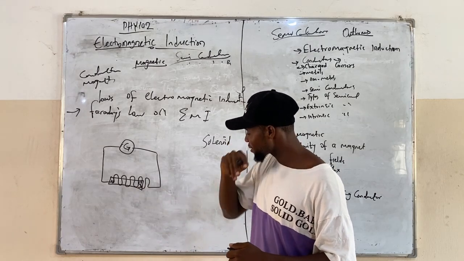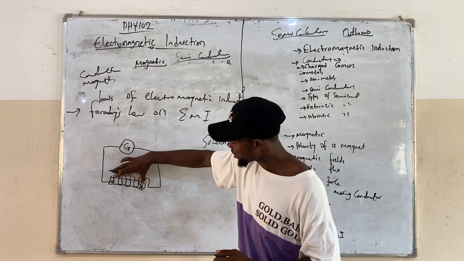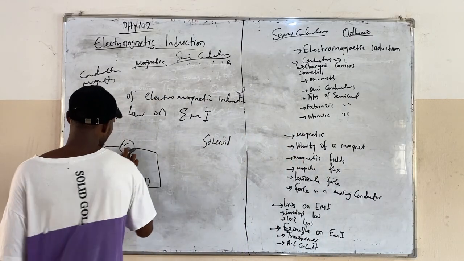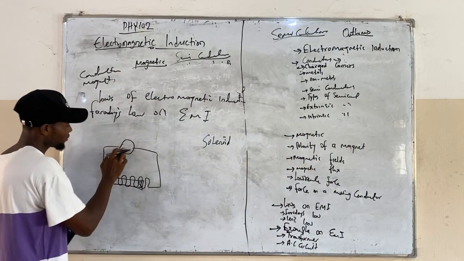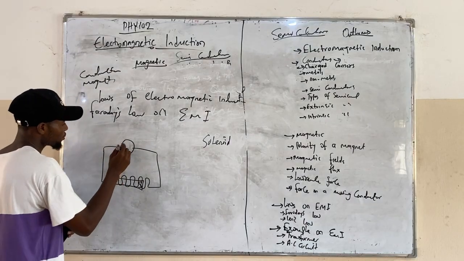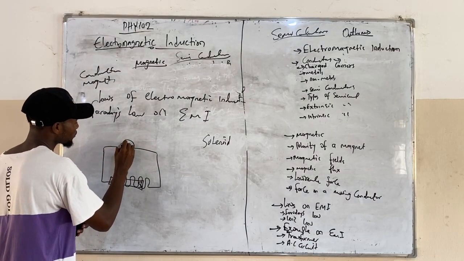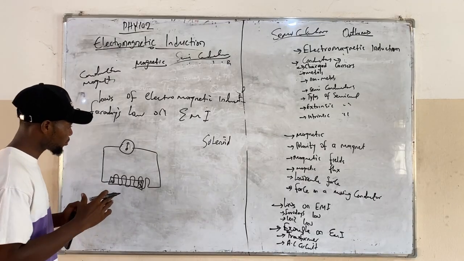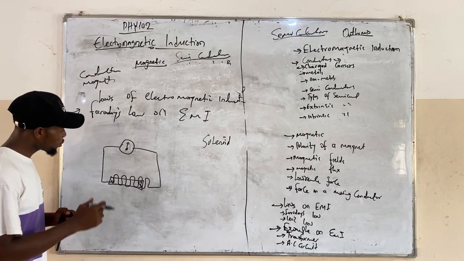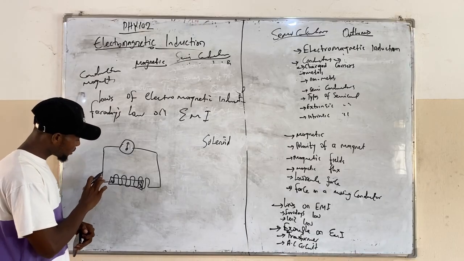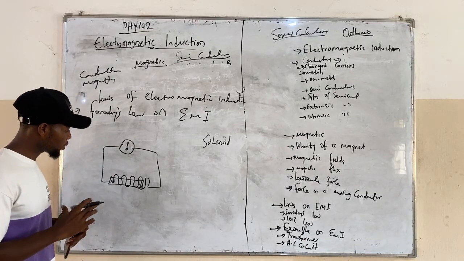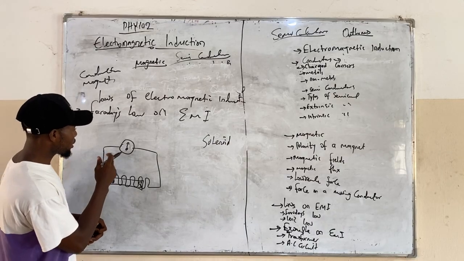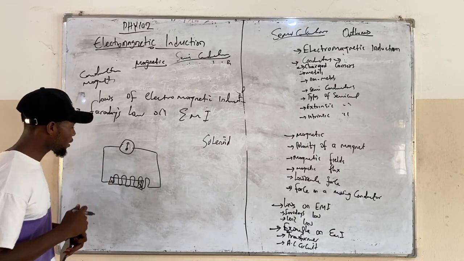He noticed that when he puts this very magnet in, there's a detection. This very galvanometer now, it measures the least current produced in a circuit. So he noticed that when he puts this magnet into this wound wire solenoid, he discovered that there was a detection, there was a movement in this very galvanometer.